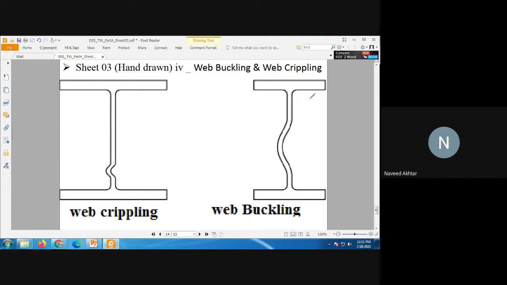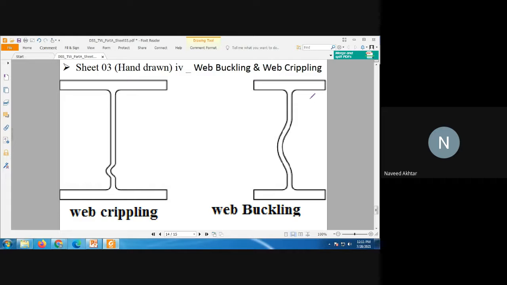You don't need dimensions, but the proportions should be right. With a disproportionate figure, you may not be able to show what you want to represent in your sheet.